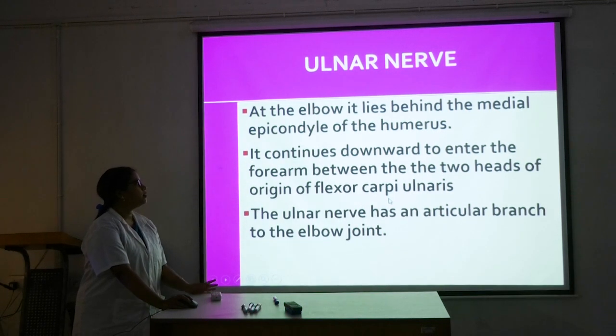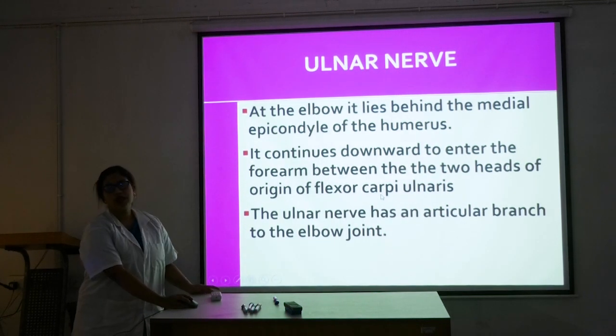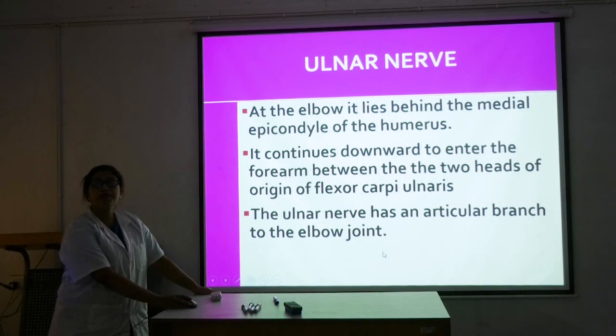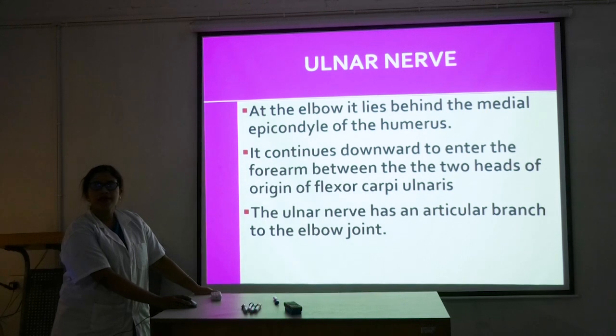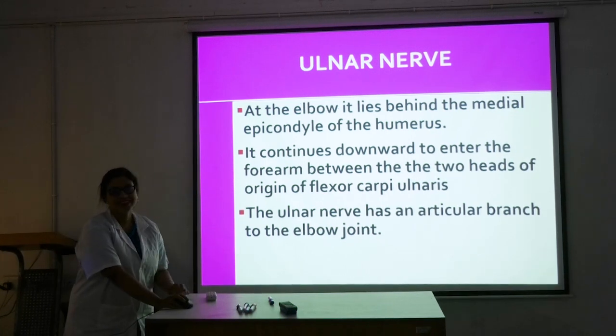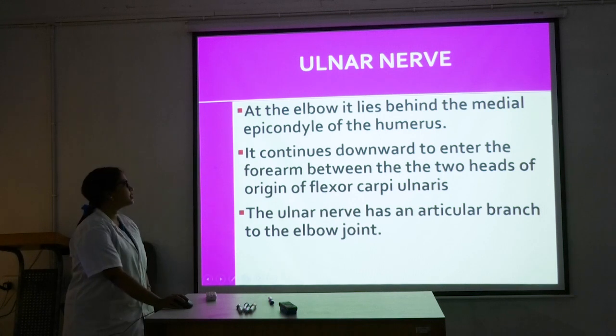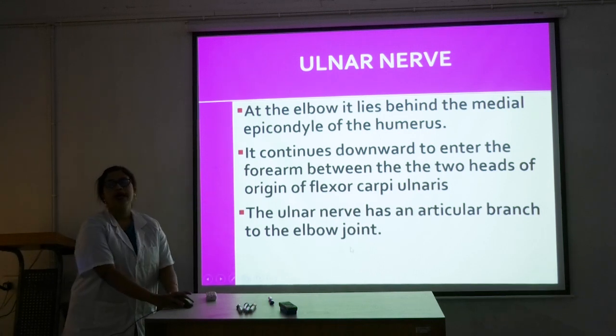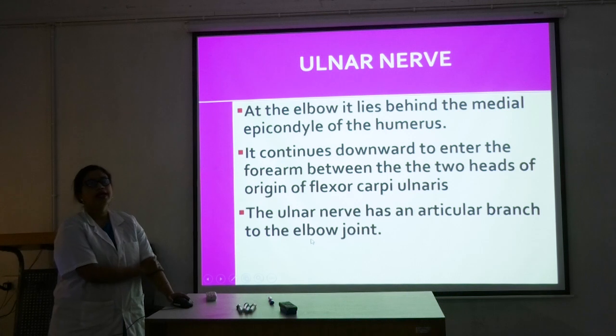So the ulnar nerve is also giving an articular branch to the elbow. Then which nerves will supply the elbow? Median nerve will, ulnar nerve will, then radial nerve will, any other nerve? Okay, so this is the ulnar nerve having the articular branch to the elbow joint.